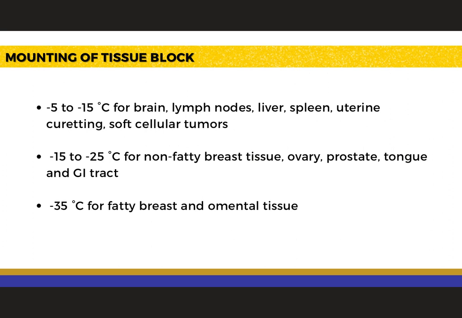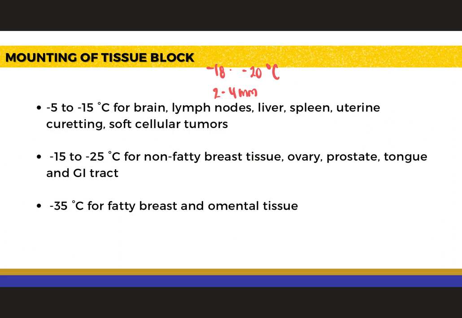Again, we need to set the cryostat temperature between -18 to -20 degrees Celsius, and preferably the tissue block should be between 2 to 4 millimeters thick in order to minimize the risk of the knife hitting the metal tissue block holder. The frozen tissue is mounted on the microtome.